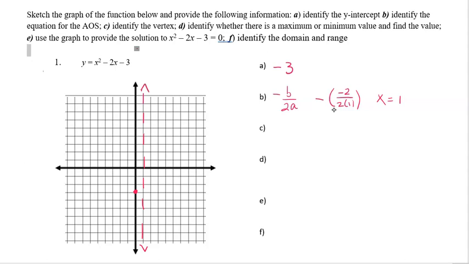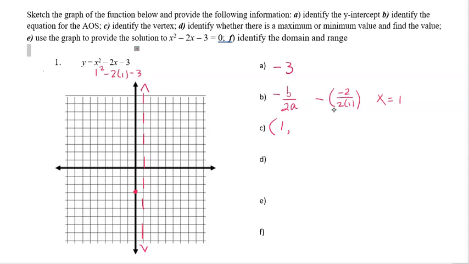Okay, somewhere on that line is my vertex. That's going to be part C. So the vertex is a point, and now it's our job to find the y-coordinate, since the x-coordinate has to be 1. To find the y, we just put 1 in for x in this function and see what comes out.